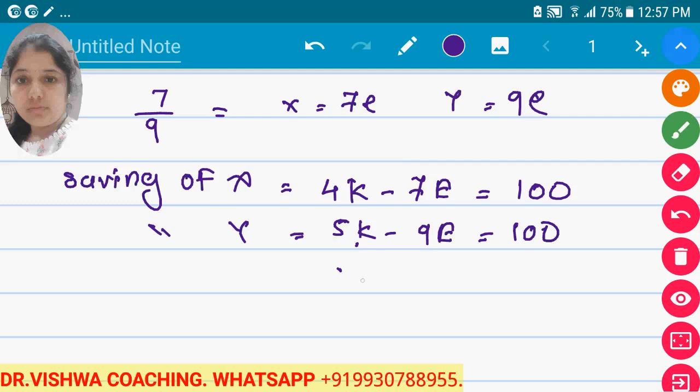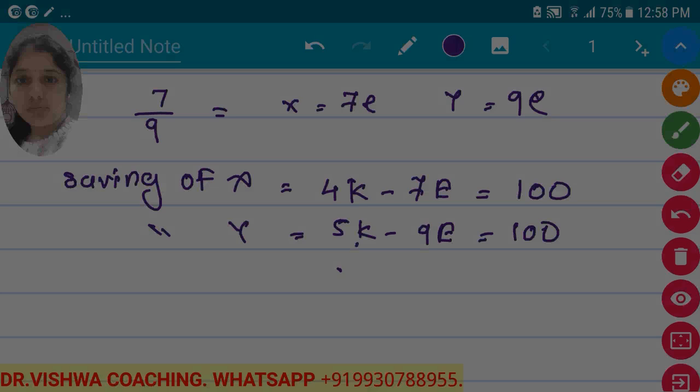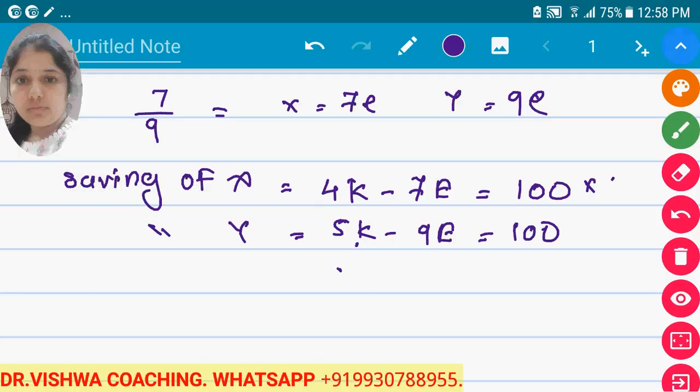Okay, now what I will do, I will multiply this equation 1 with 5 and this one equation 2 with 4 to make their variable common. Okay, now to make the variable common, because they had asked us expenditure, not income.